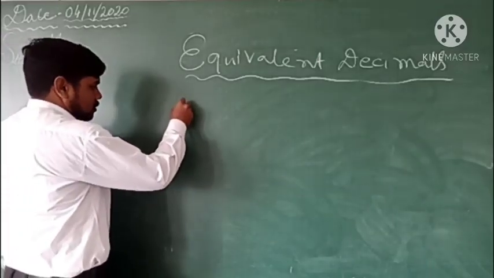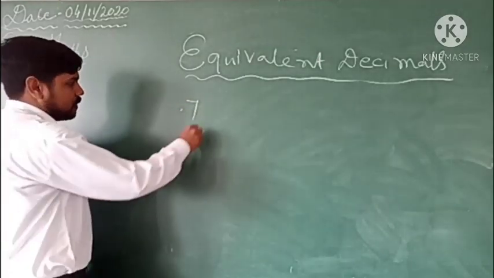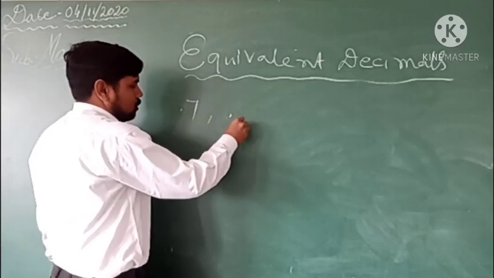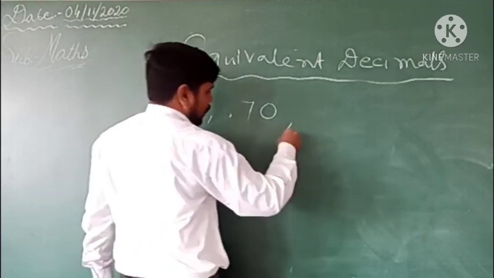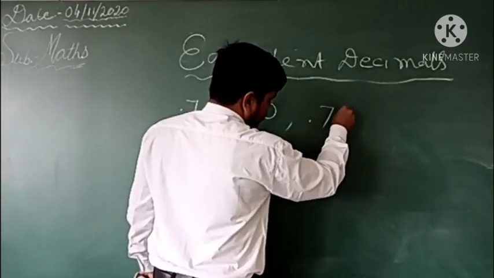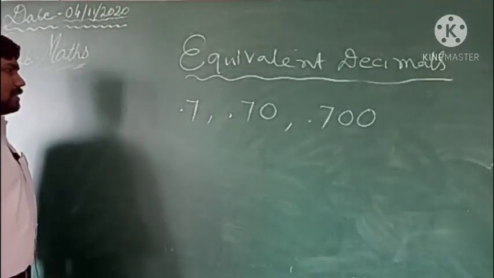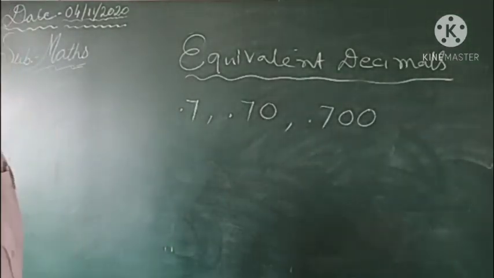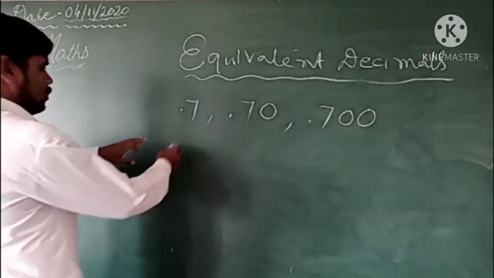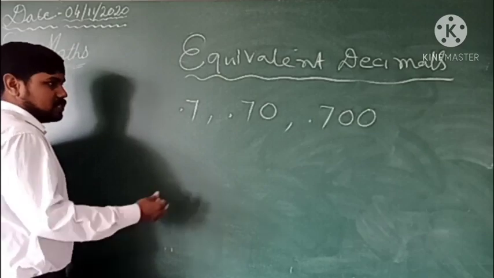Here one is decimal 7, another is decimal 70, another is decimal 700. So the basic thing is, you can put after the digit of the decimal 0 as much as you want, as much as required.